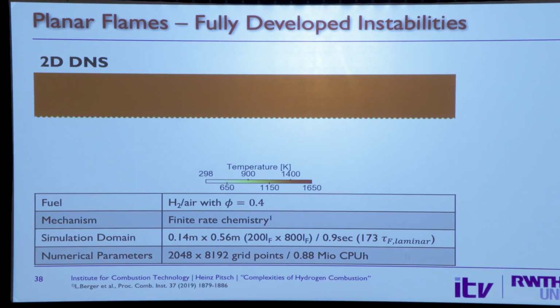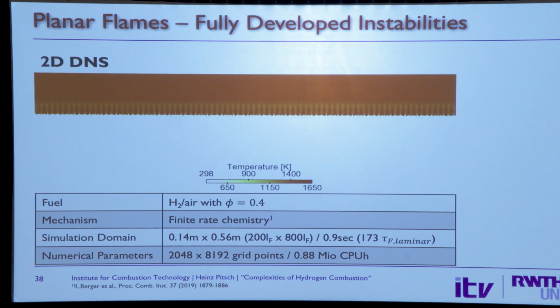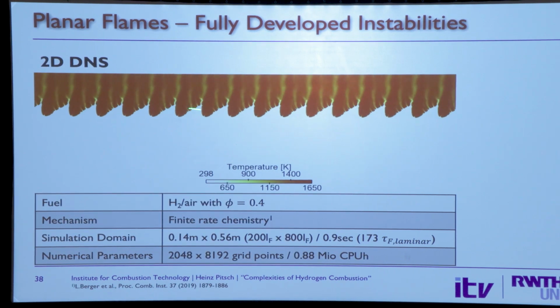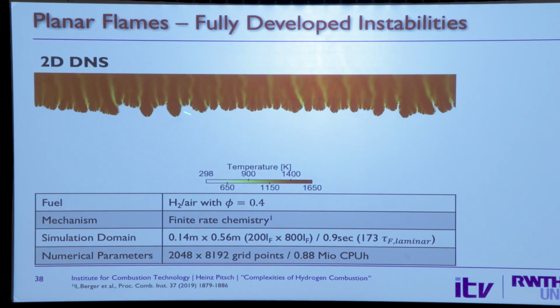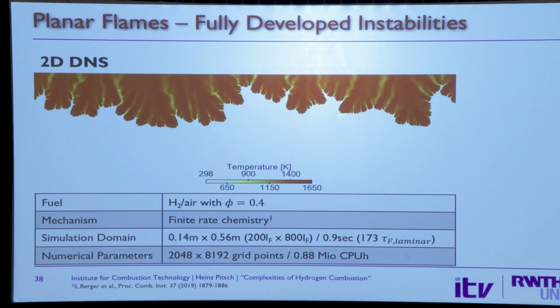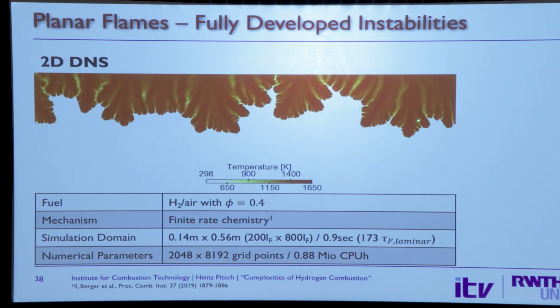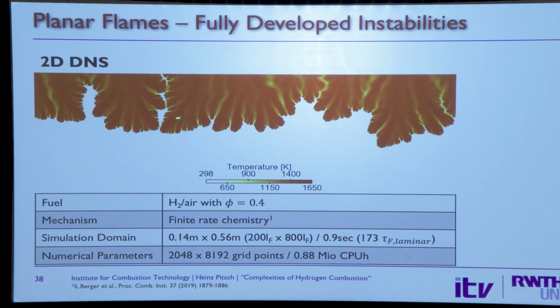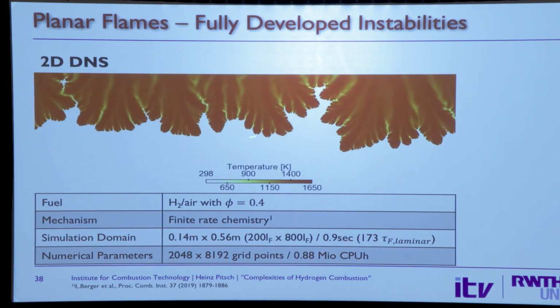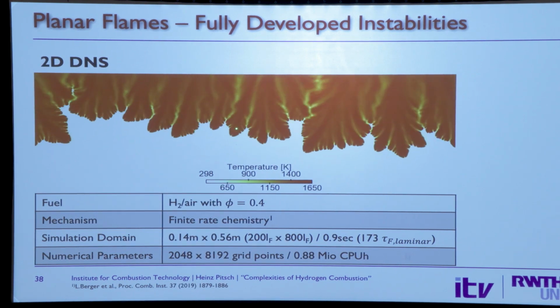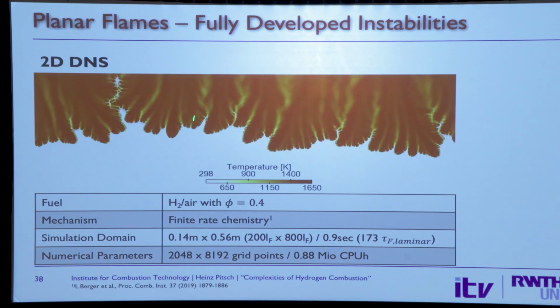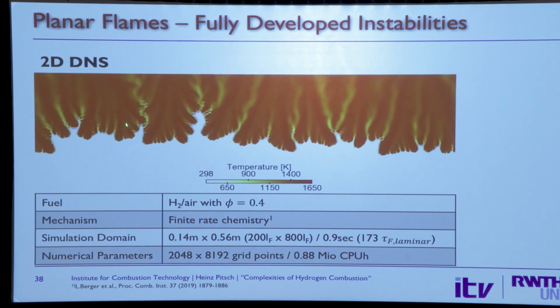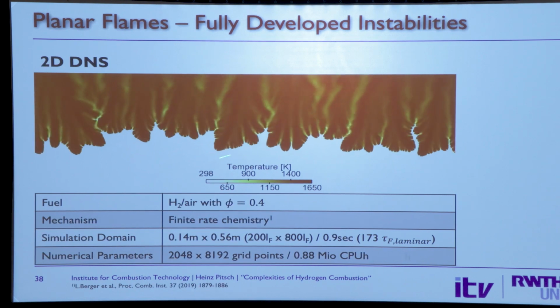We probably use the wavelength of the maximum growth rate here, just to go fast into the nonlinear regime. And then you see how this works. First it looks periodic even, and then it becomes chaotic, and you see these structures moving around, forming, as we discussed before, these fingers, and these regions of very lean mixture in the trailing region, and so on.